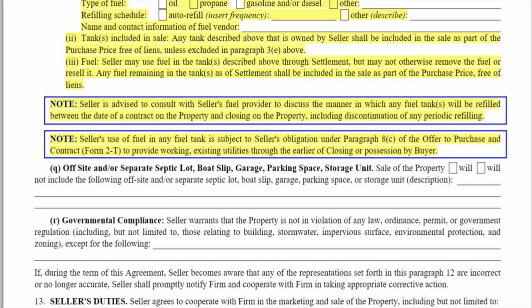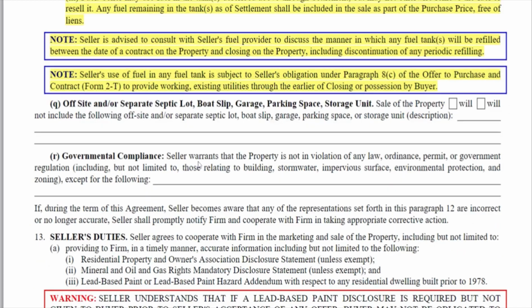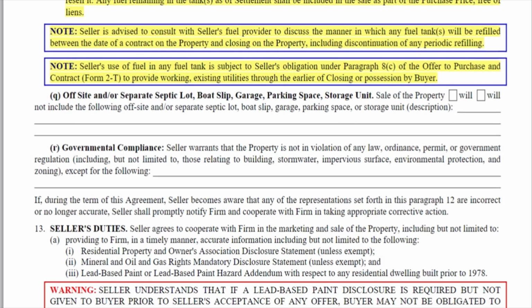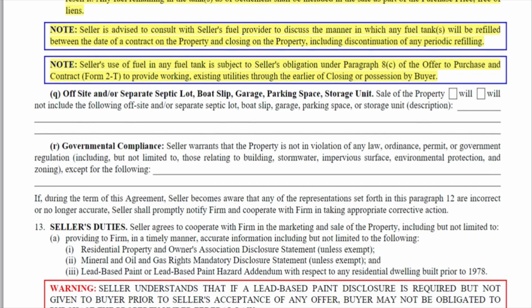Any fuel in here just needs to be taken care of and maintained, so we can come in and do our inspections or whatever, keep everything on until we close. And I always have my sellers discontinue their services the day after closing, just in case something goes on, and to make sure that all utilities and everything are in working order. Definitely when the buyers do their walkthrough, their final walkthrough.